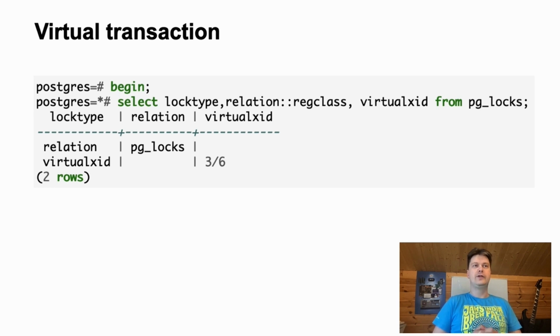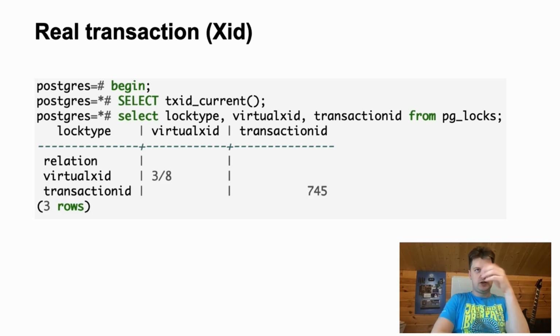The virtual transaction identifier, VXID, consists of the identifier of a backend and an automatically incrementing counter within each backend. So here you see a virtual XID. When you start changing data or ask for a real XID, you get one. This is a transaction ID, which is a global, incrementing identifier for a database. Here you see 745.